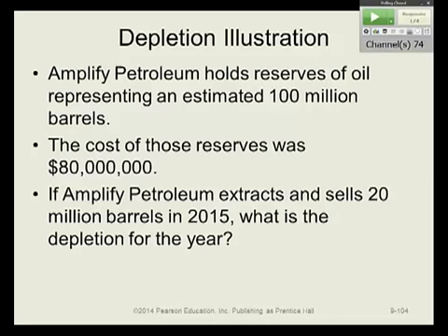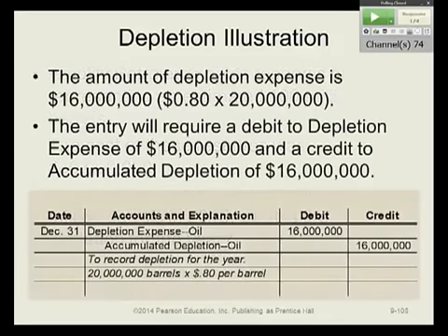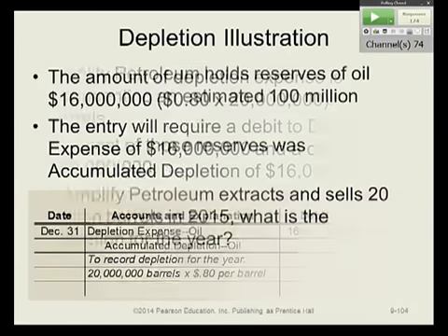Amplified Petroleum holds reserves of oil estimated to be 100 million, and the cost of those reserves is $80 million, and it sells 20 million barrels in 2015. So let's see, just to give you another example, what you would have to do is, let me go back up, sorry about that.